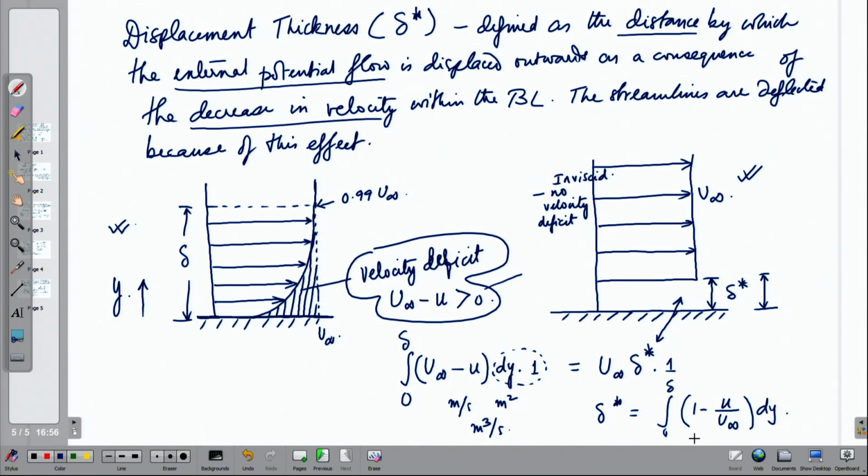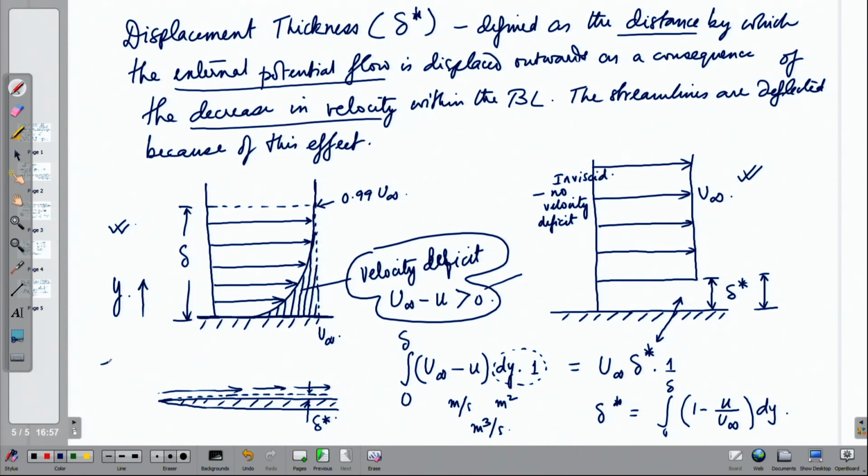And as we already discussed, as a consequence of this displacement effect to the potential flow, the flat plate looks slightly inflated. By what extent? By delta star. And consequently, the streamlines also follow that deflected or inflated shape, which is by virtue of the presence of this delta star.